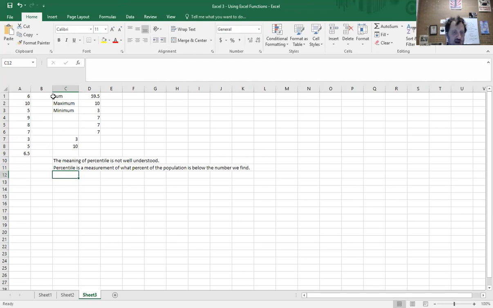So let's go back and look at this here. This would be, sorry, let me pick these up and move them over. Okay, so this is the 10th percentile, and this is the 90th percentile.